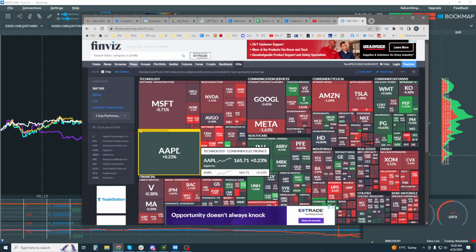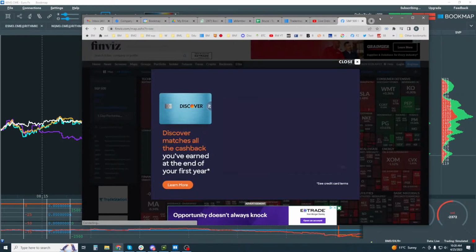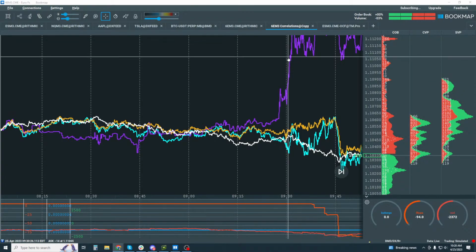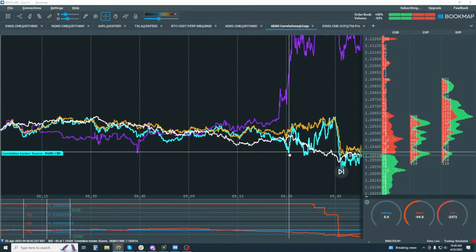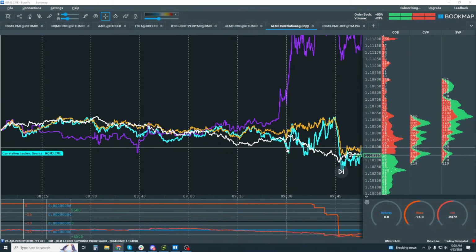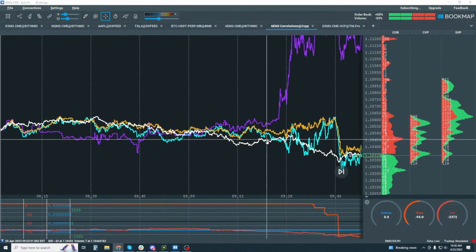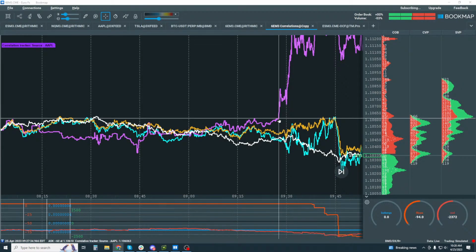They dominate the S&P. They dominate the Nasdaq. Apple is going to the moon here. And what's happening here with the Nasdaq? The blue line is the Nasdaq. The orange line is the S&P, and this white line is the euro dollar. And this purple one is Apple.